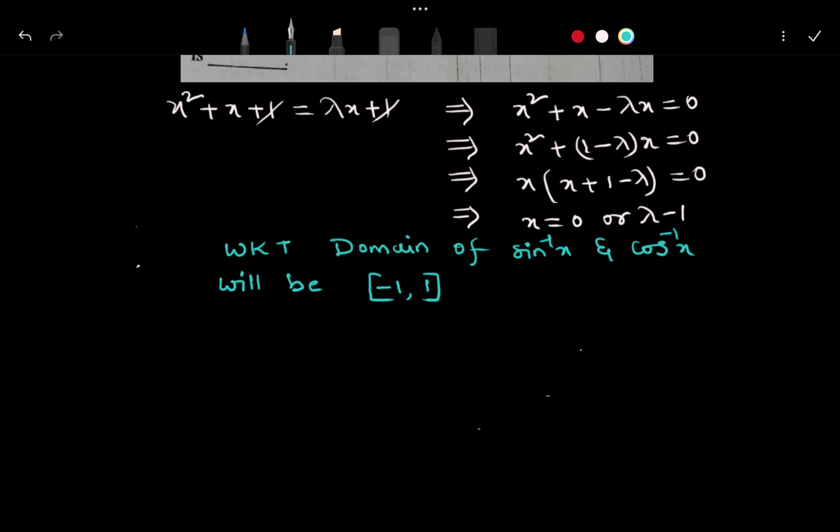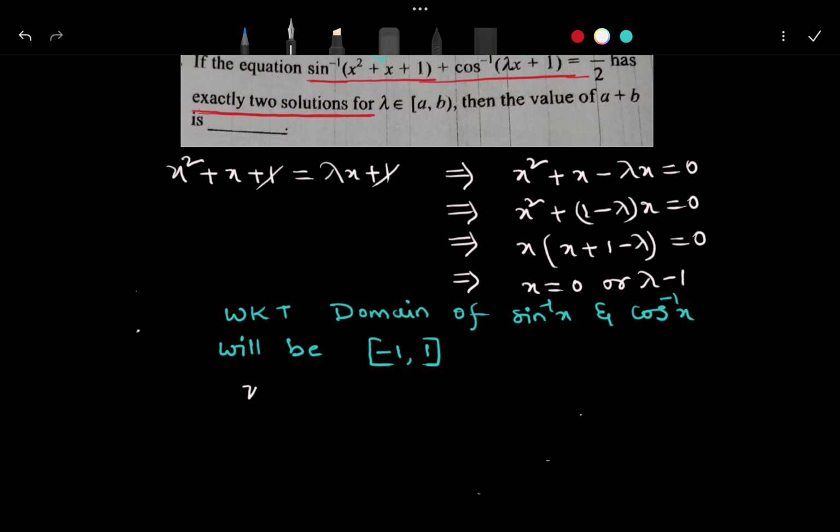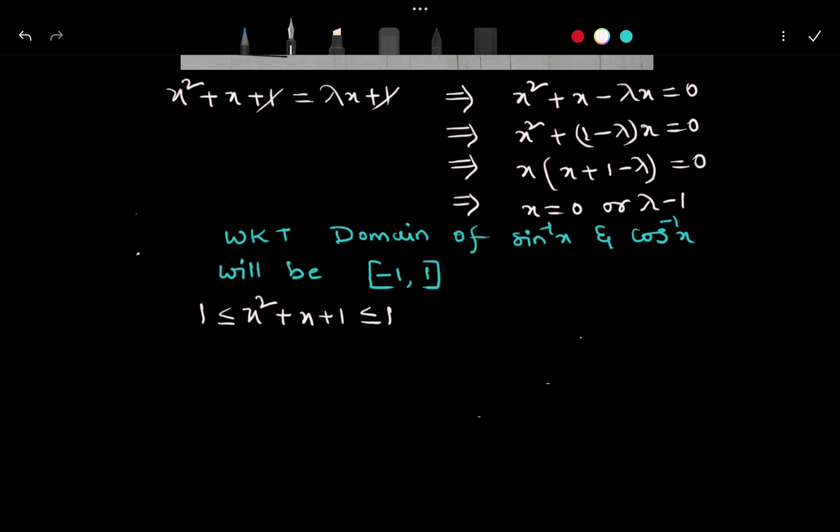So by using this condition, x square plus x plus 1 always lies between minus 1 to plus 1. Considering the right side inequality, we get x square plus x plus 1 less than or equal to 1.